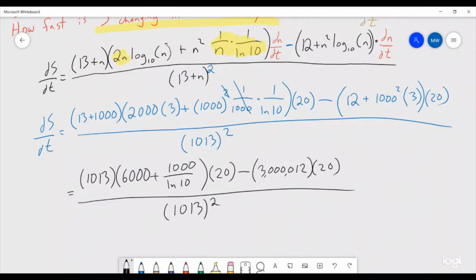And we divide all of that by 1013 squared. And we get that it is approximately 68.56. So that means we are increasing at about 68.56 crackles per minute, which is alright. Like, that's about a crackle a minute, or a crackle a second. That's not terrible, but it's not great at the same time. So we might need to switch cell carriers at that time.